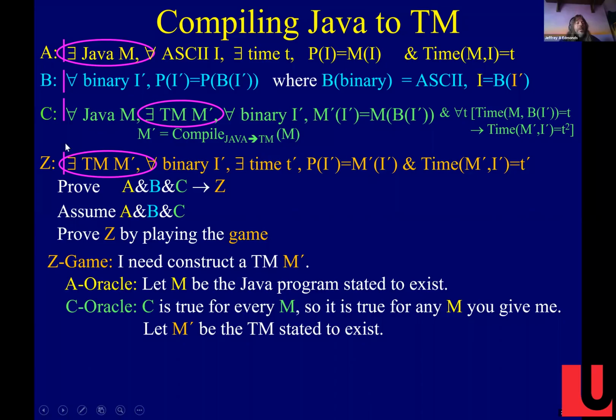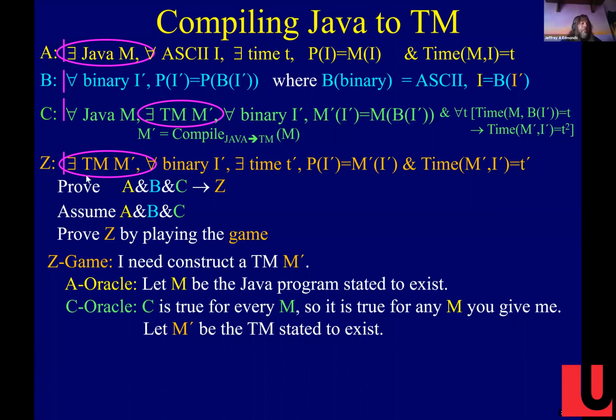So then what does C do for me? C is really kind. I gave C a Java program, and what does C give me back? C gives me back a Turing machine, right? C is assuring me that for every Java program, there's a Turing machine. So for my Java program, C gives me the Turing machine we're talking about, and she gives me this Turing machine M, right?